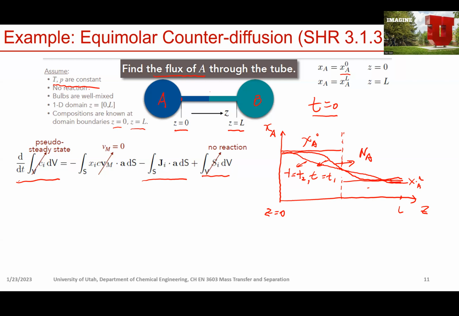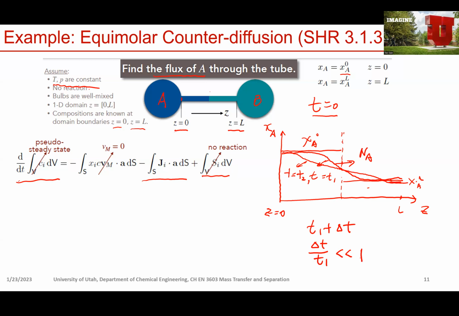But now, what pseudo steady state means is, let's look at a very small time variation, right? So maybe from T1 to T2, there's already a lot of time that has passed. But what if we only look at a very small time change from T1 plus delta T? Delta T is much smaller than T1. Okay.